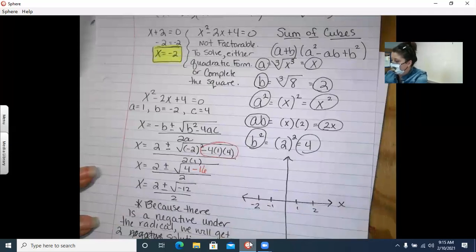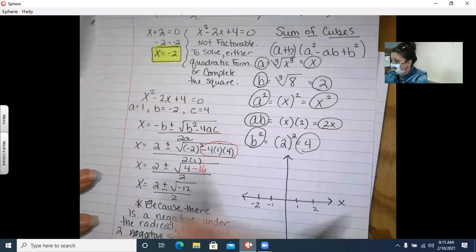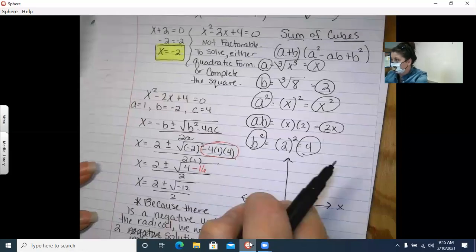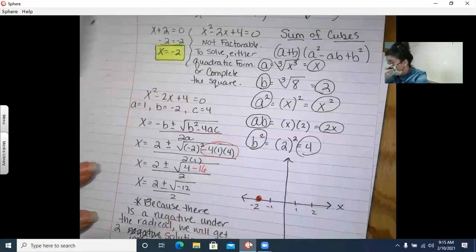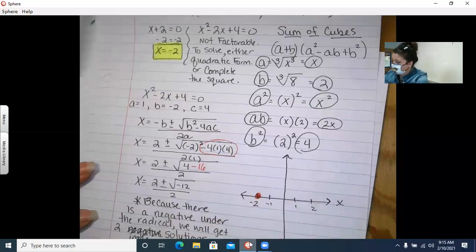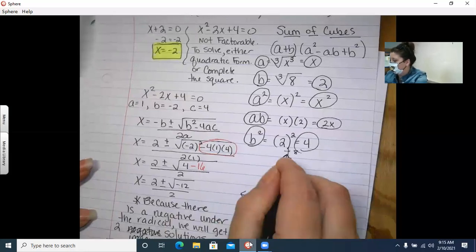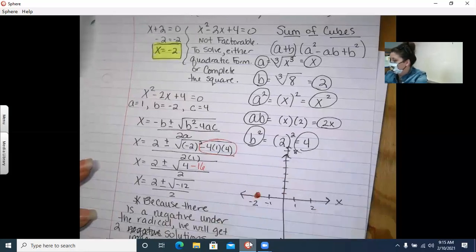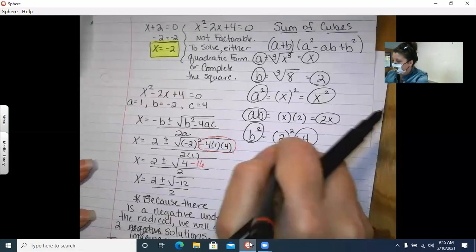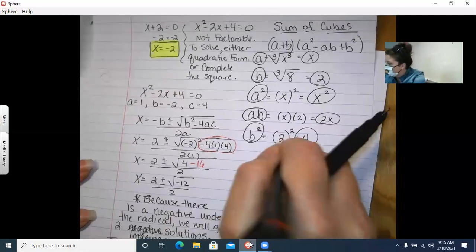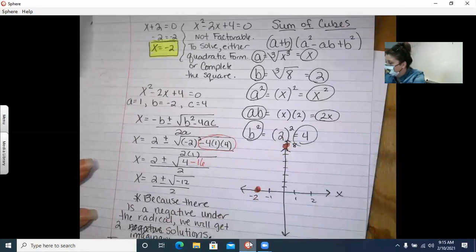So only when x is negative 2. What was the y-intercept? 8. So we know that point. We know the y-intercept's 8. The x-intercept's negative 2.